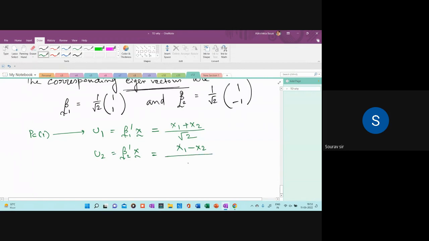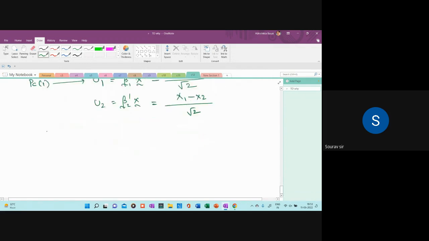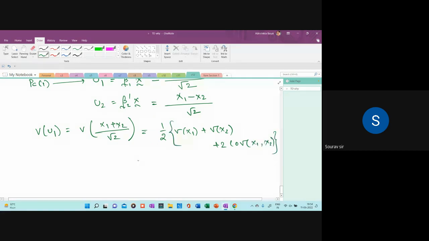Obviously, you can check that the variance of u1 is the variance of x1 plus x2 by root 2, that is equal to 1 by 2 times variance of x1 plus variance of x2 plus twice covariance of x1 x2. I said the principal components will be uncorrelated, but I never said that x1 and x2 would be uncorrelated.